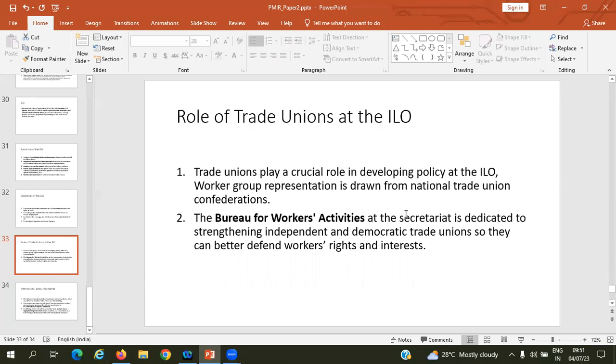What is the growth, what is the trend in India with trade union or industrial relations? How India as a country is taking this, and what is the trend of that? We'll read in the next class.